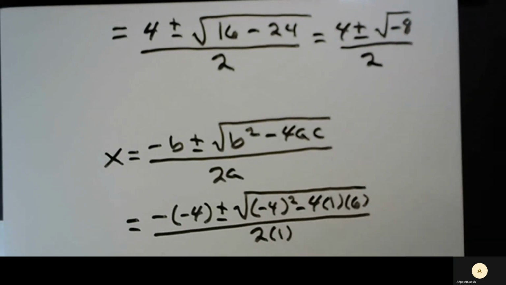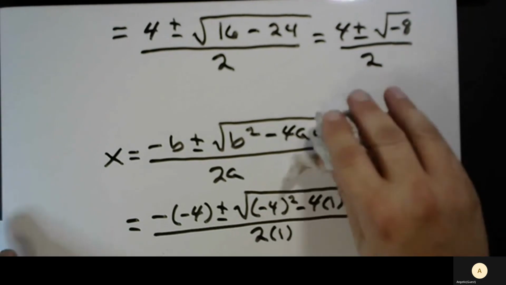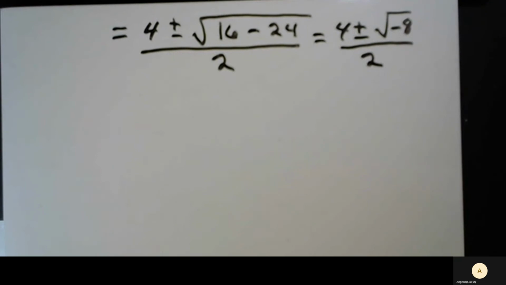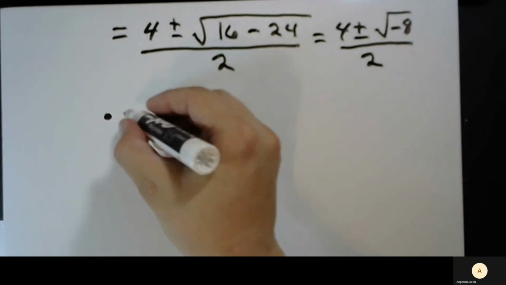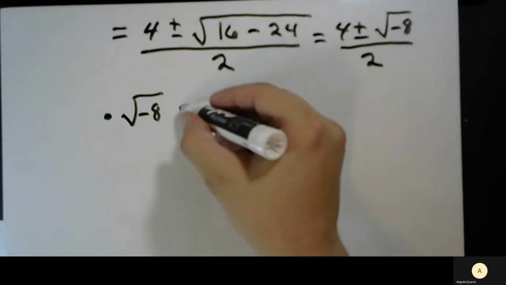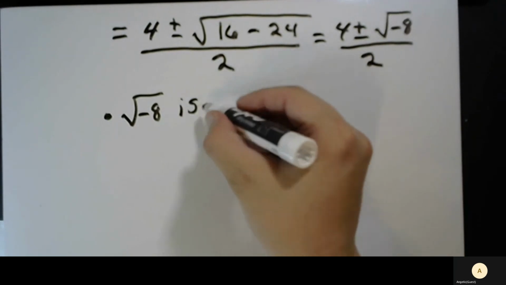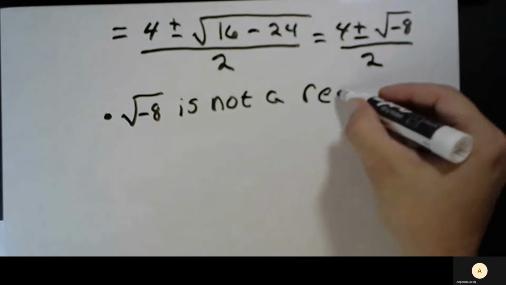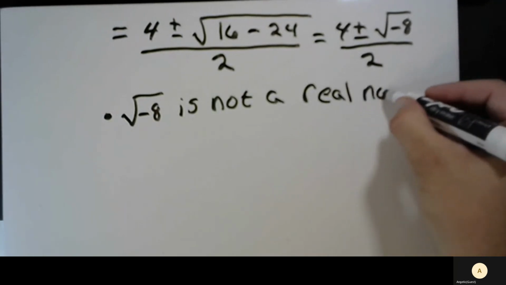And since we're dealing with what are called real numbers, these are fractions, decimals, we're avoiding the so-called imaginary or complex numbers. In this case, this is not a real number.